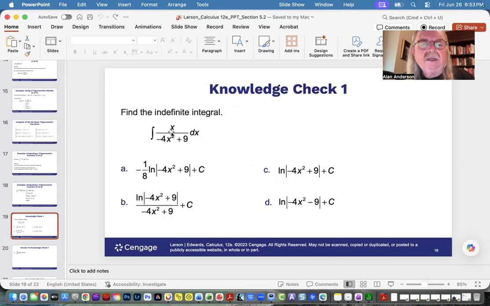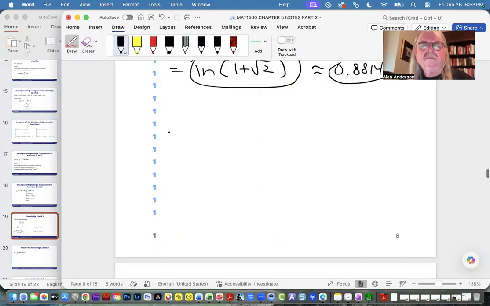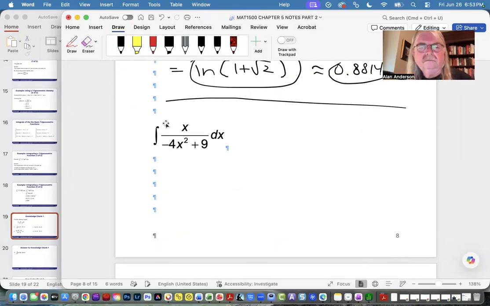All right, here we go. So this one looks like we might want to use U substitution. The thing that makes it possible is that the degree of the numerator is less than the degree of the denominator. So let's try this.